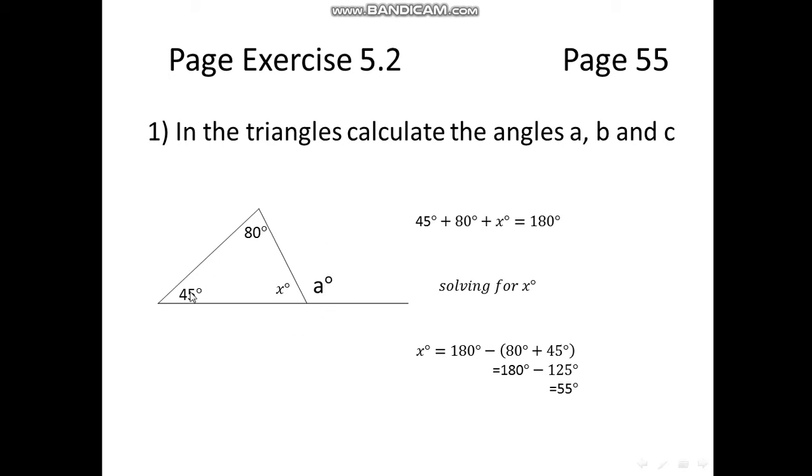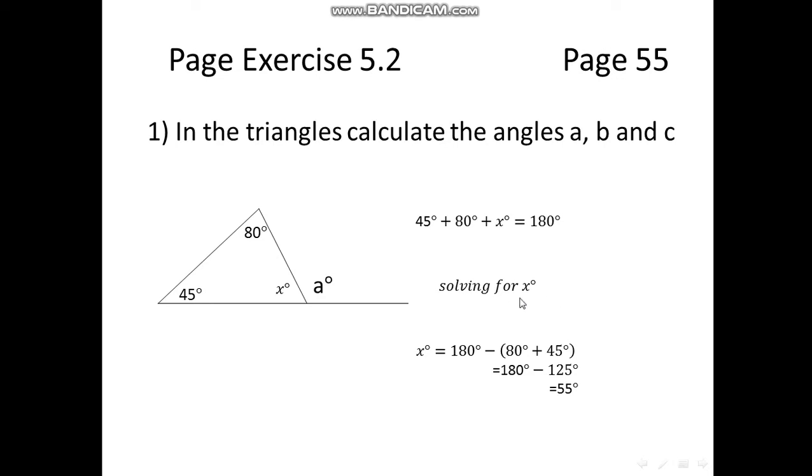So what we do here, because we know that the angles of a triangle add up to 180, I make an equation saying that 45 plus 80 plus x gives me 180. So I have only a very normal equation with numbers, but I have here x, which is missing.